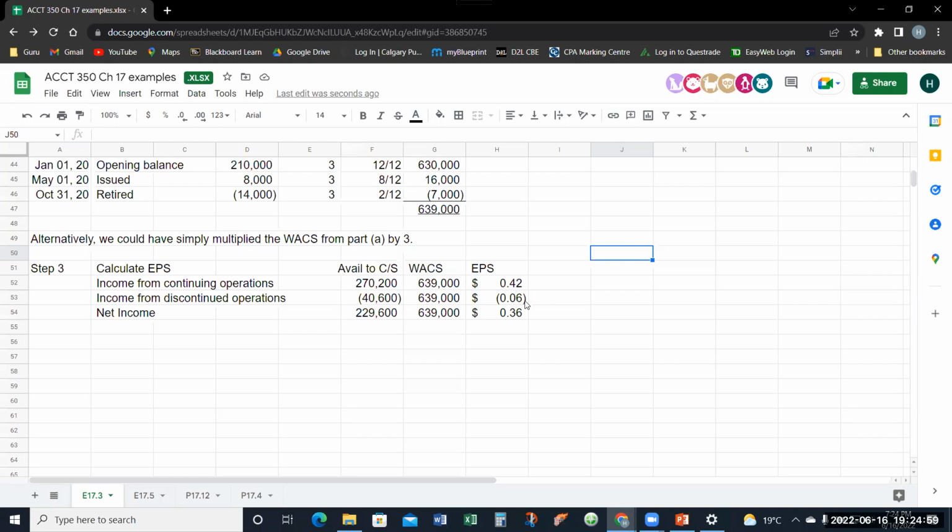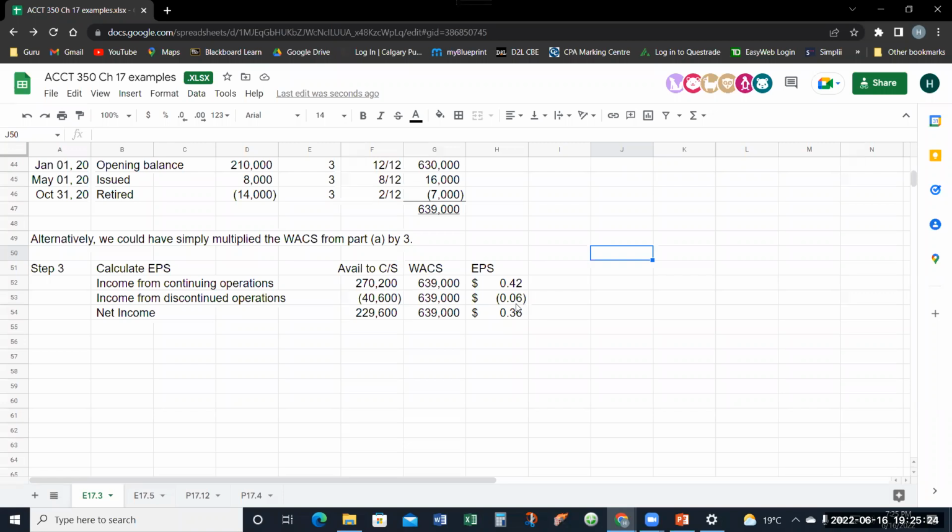So it is to protect those investors that the accounting standard setters require companies to adjust their weighted average common shares outstanding for EPS calculation purposes for any stock splits or stock dividends that occur between the financial statement year end and the date the financial statements are issued.